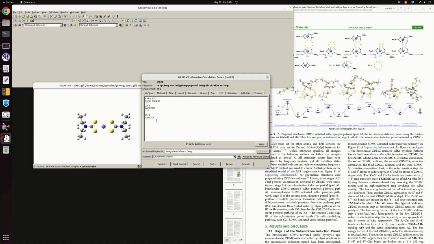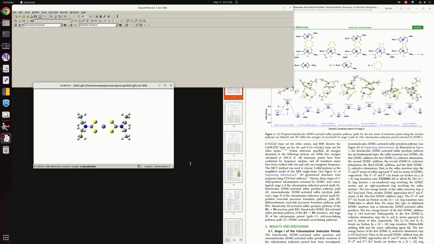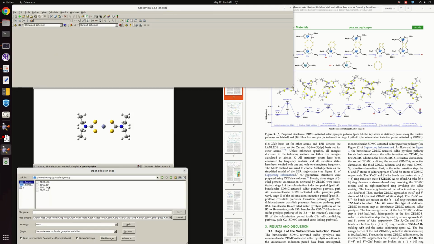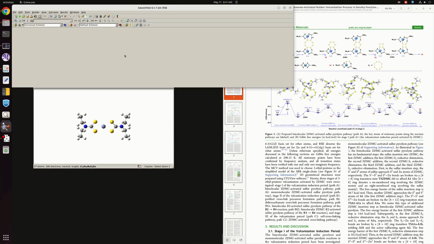And if you do your calculation with GENECP, then you will save a lot of your time and a lot of computational cost. I can also show you, because I have already performed this calculation for this simple optimization. I can show you that log file over here.